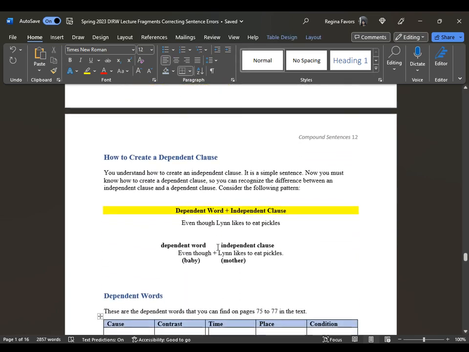So, how to create one: dependent word plus independent clause. So, even though is your dependent word, Lynn likes to eat pickles is your independent clause. Forgot that period there. So the dependent word will be the baby, even though, and the Lynn likes to eat pickles would be the mother independent clause.